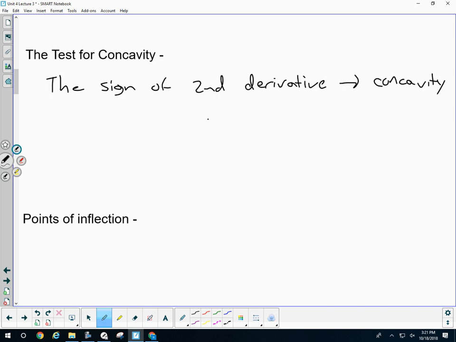So let's not keep f double prime as always being the second derivative. When the second derivative is positive, we are concave up. If the second derivative is negative, we are concave down. If the second derivative is 0, we do not have any concavity.